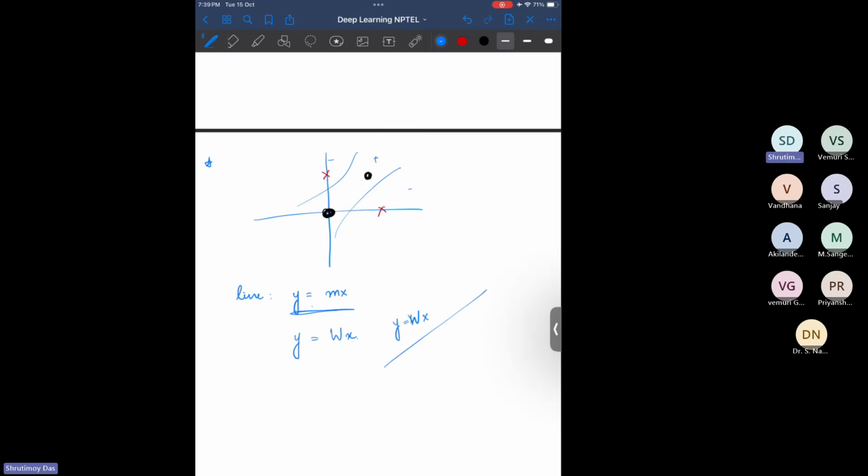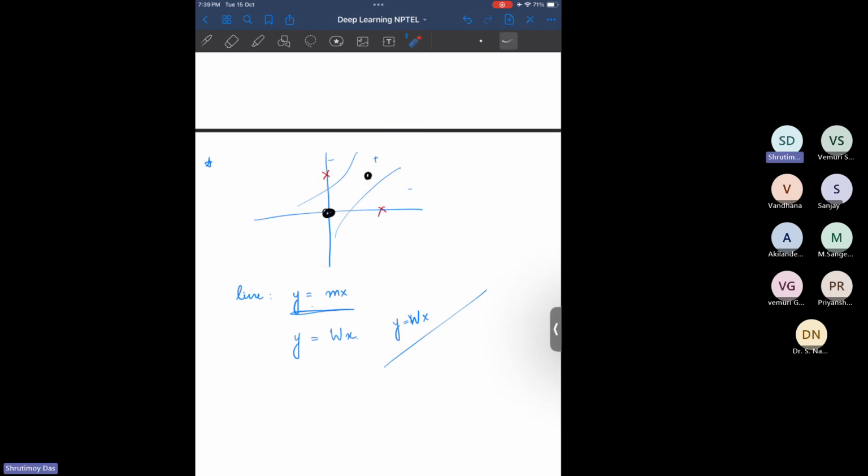Now, if you look at this example, I cannot draw a line such that I can say that these points are positive and these are negative. Suppose I draw a line something like this, or something like this, I cannot say that these things are positive and these are negative.